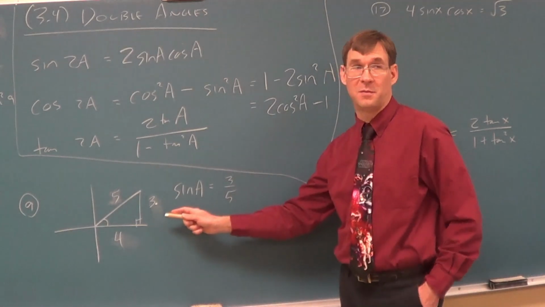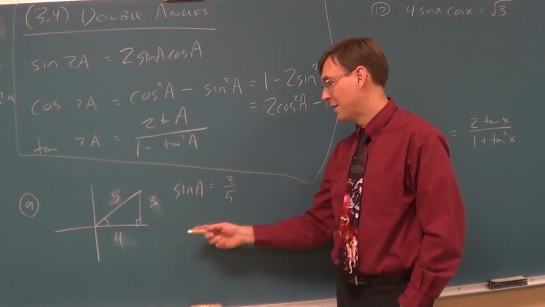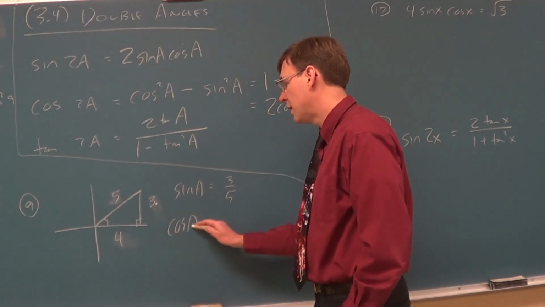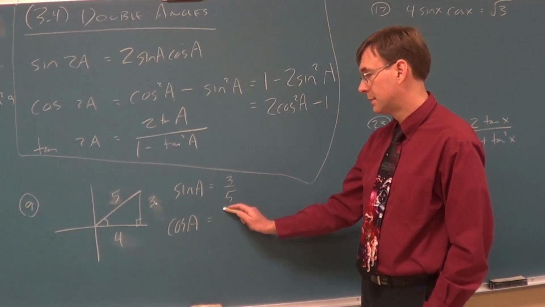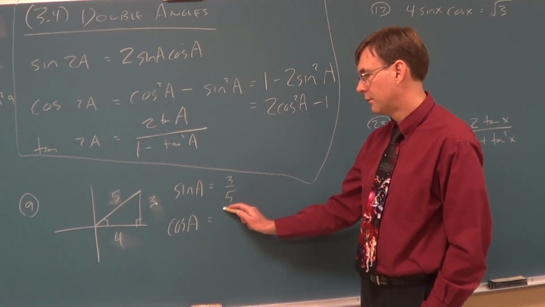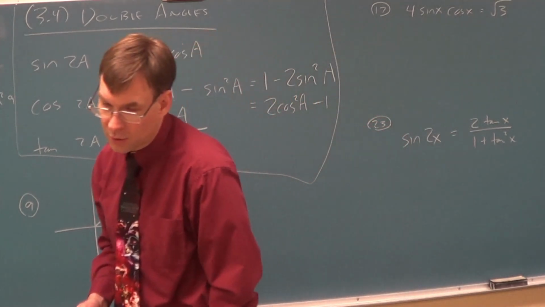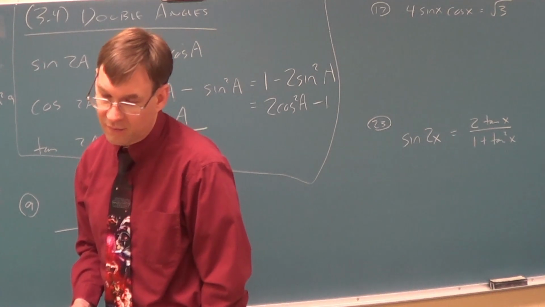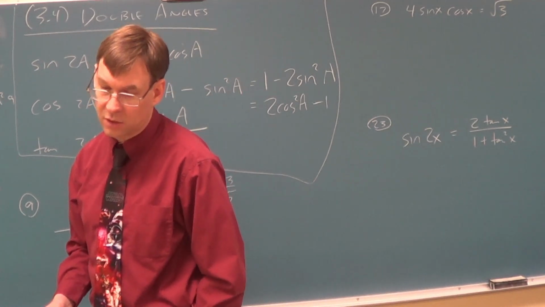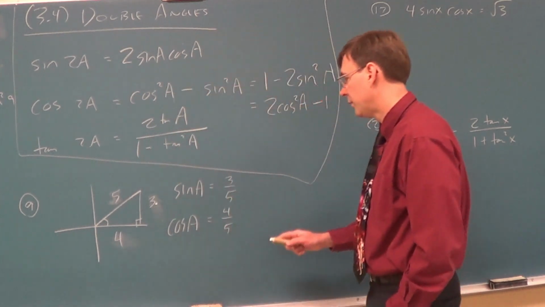It better be 3/5 from the picture because we knew that before we had the picture drawn. We also need to know what the cosine of A is. Cosine of A is 4/5. And what they're asking us to do on this number 9 question is find all 3 of these: sine 2A, cosine 2A, tangent 2A.